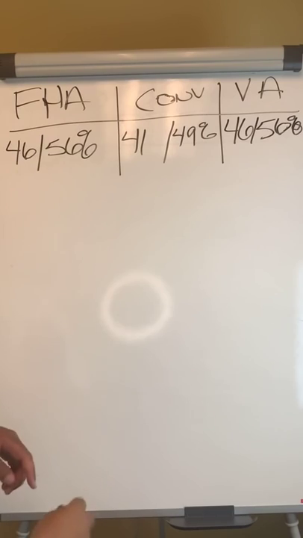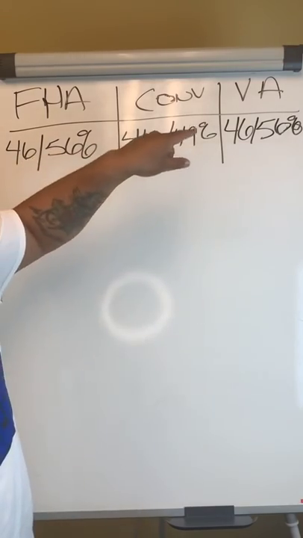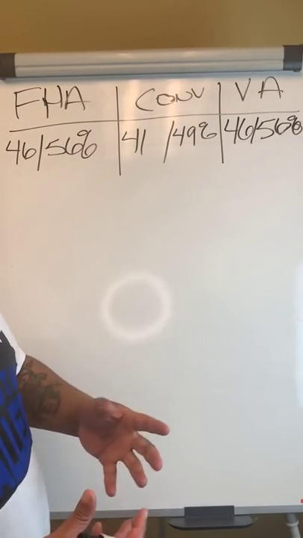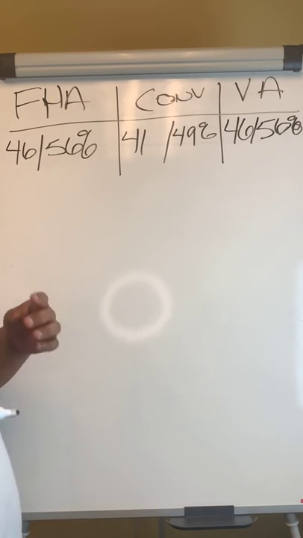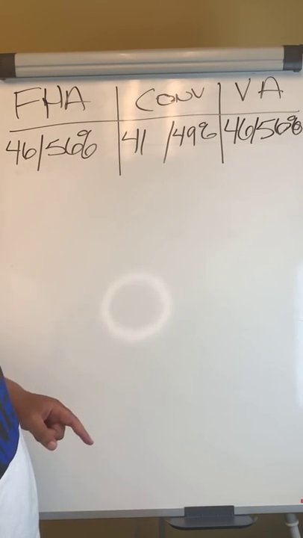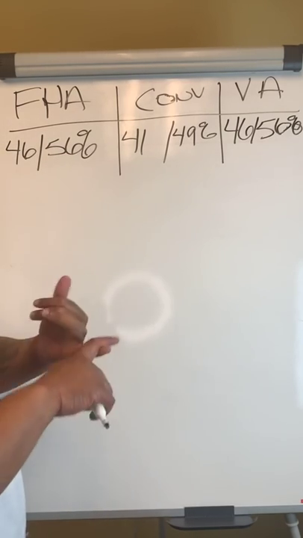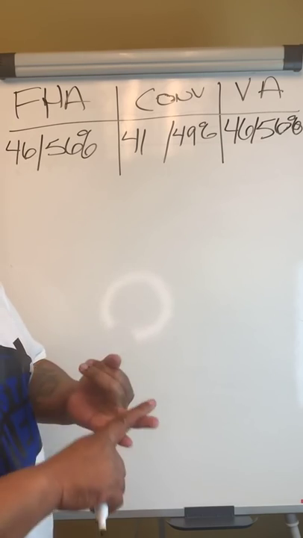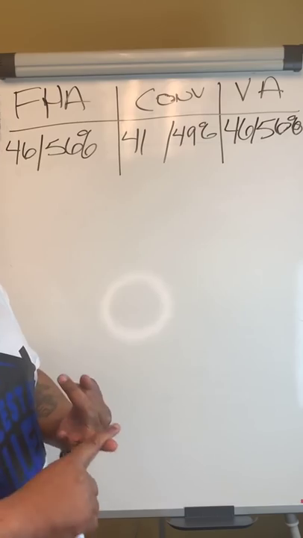All right? So now, the front end ratio, guys, is your housing ratio. The back end is your full ratio, your full back end ratio. So your housing ratio is basically going to be your mortgage payment divided by your income. And then your back end ratio, which is this number right here, this 56, is going to be your mortgage payment plus your minimum monthly debts that's reported on your credit report.